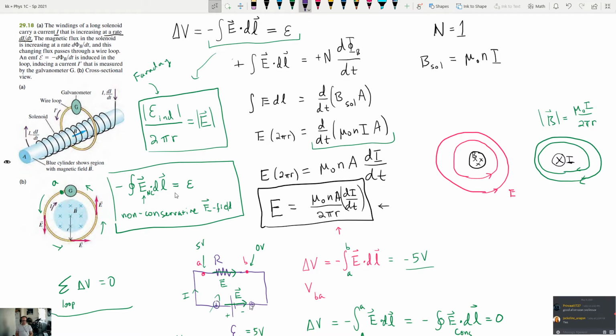Once the battery has done the work of lifting the charge from the negative side to the positive side, now the charge is naturally going to fall around the circuit back to this location, right? Because once it gets to here, there's an electric field inside the wire. Does that make sense?